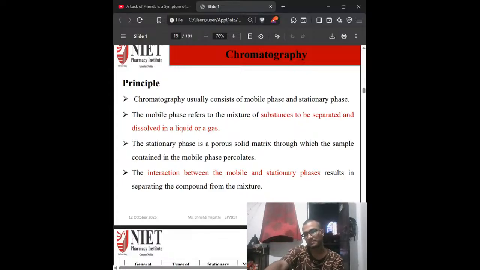The interaction between the mobile and stationary phases results in separating the compound from the mixture.